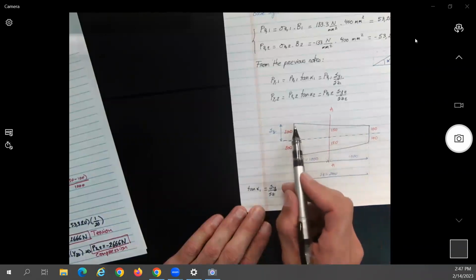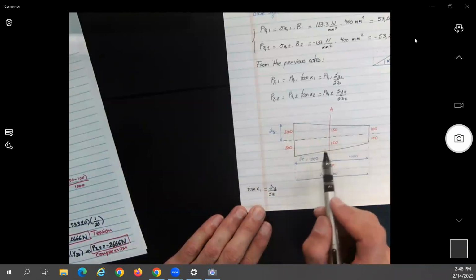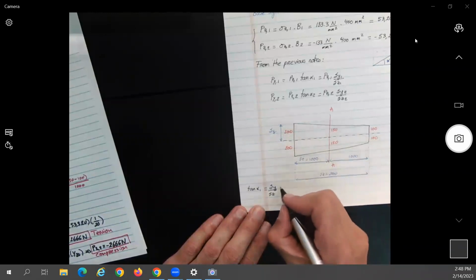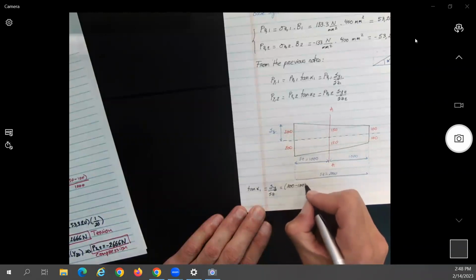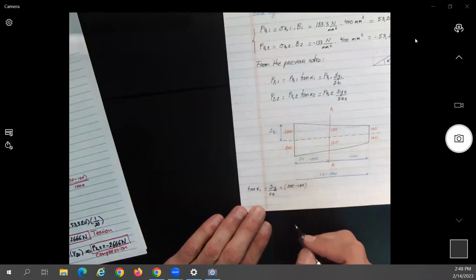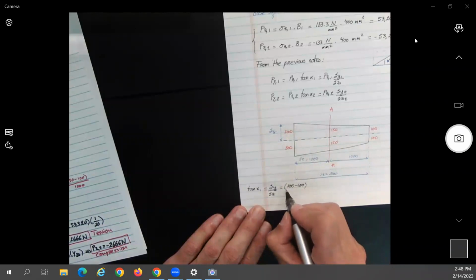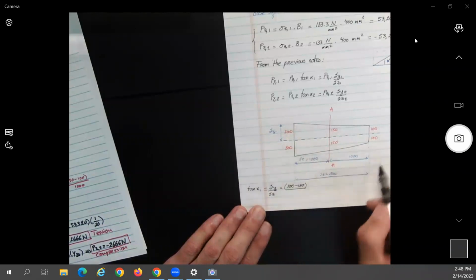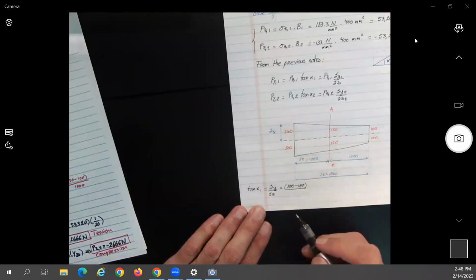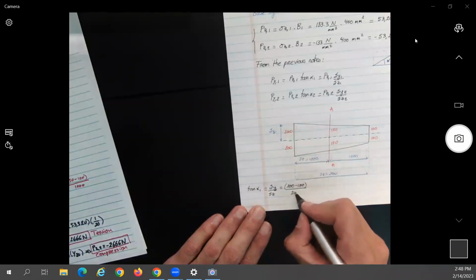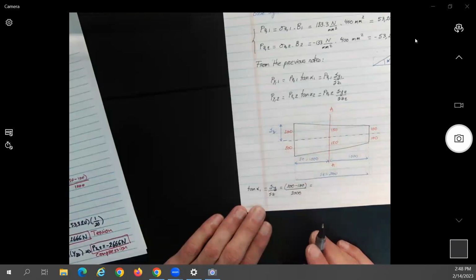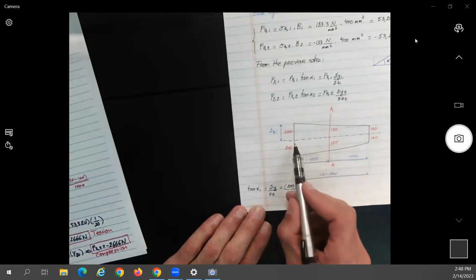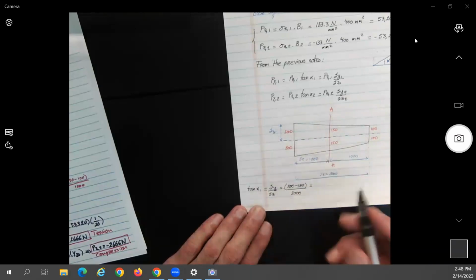We could calculate it from this end to the other end, no? So we could say this is equal to what? Good. Minus 100, no? And what is the run or the delta z for that distance? 2000. But again, since the slope is constant everywhere, we could decide to calculate this from this point to this point, no?